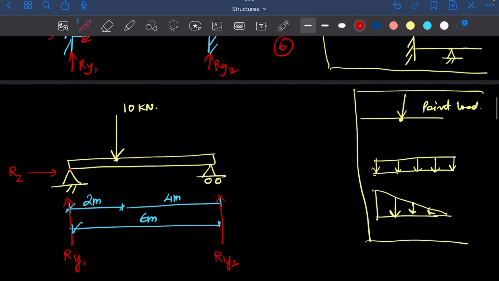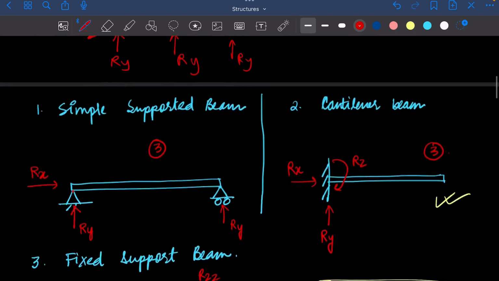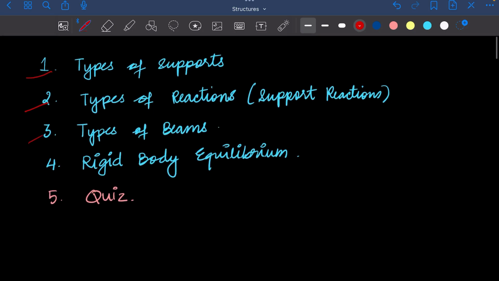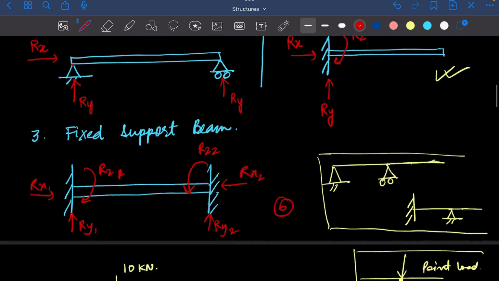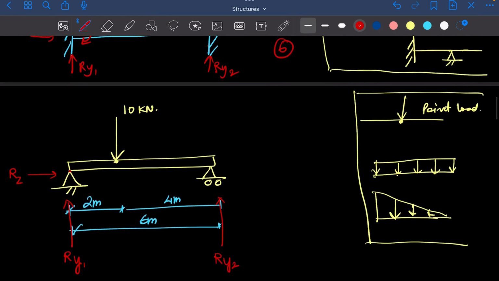So what does rigid body equilibrium mean? It means that the sum of all the forces acting on a beam or a body are going to be equal. As in, all the forces that are acting from upward to downward are going to be equal to the summation of all the forces that are acting from downward to upward.